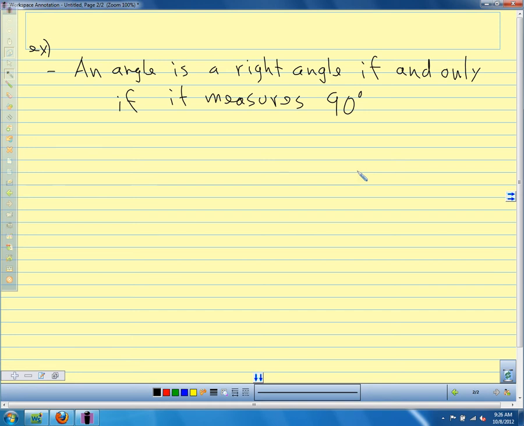A square is a figure with four sides. So my conditional would be, if a figure has four sides, then it is a square. And the converse would be, if it is a square, then it has four sides. Is the converse true? What would be a counterexample? A rectangle. A rectangle has four sides and it's not a square.